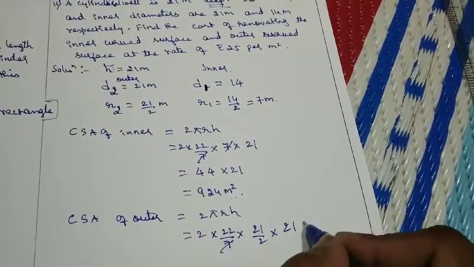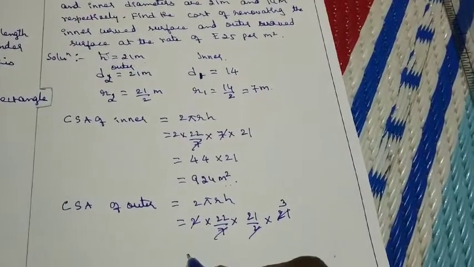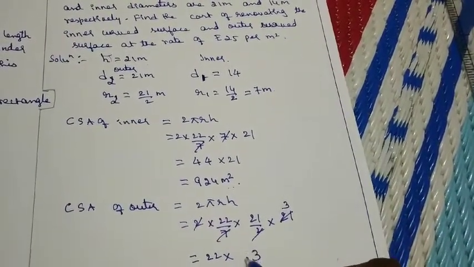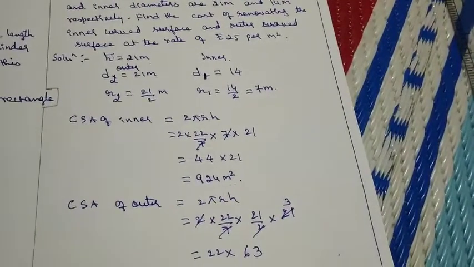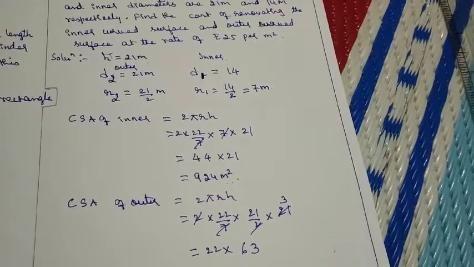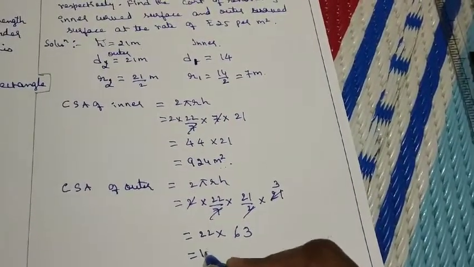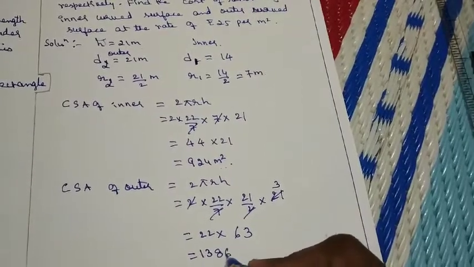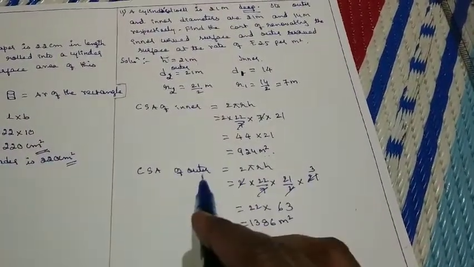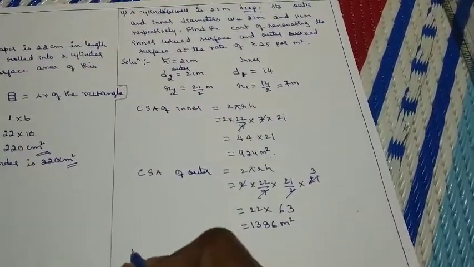Then 7 ones are 7, 3 7s are 21, 2 ones are 2, which equals 22 into 3 ones are 3 and 3 2s are 6. So if you multiply 63 into 22, the product is 1386 meter square.